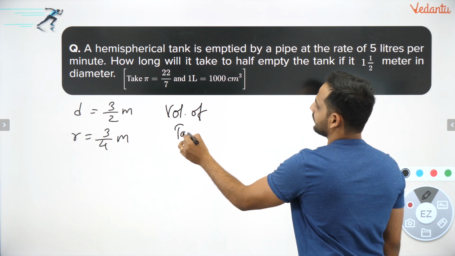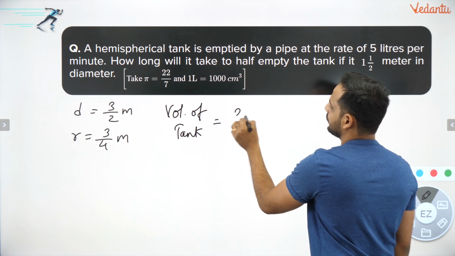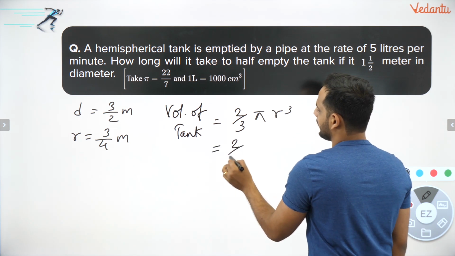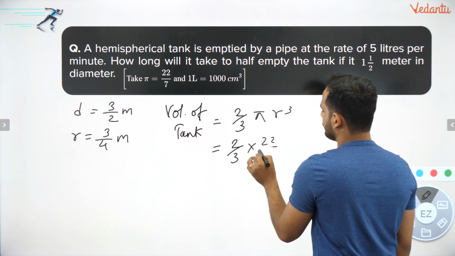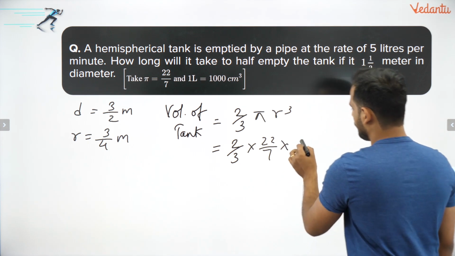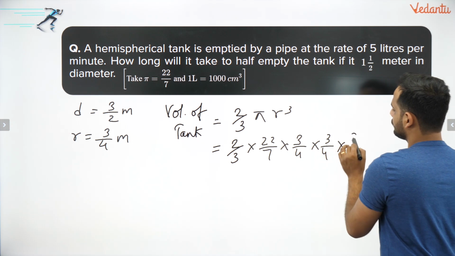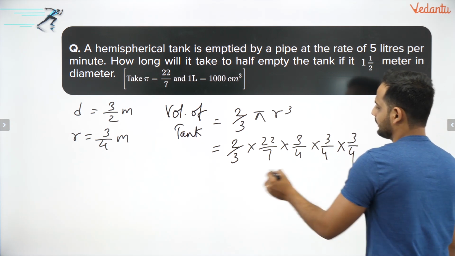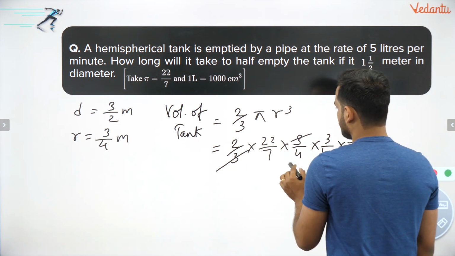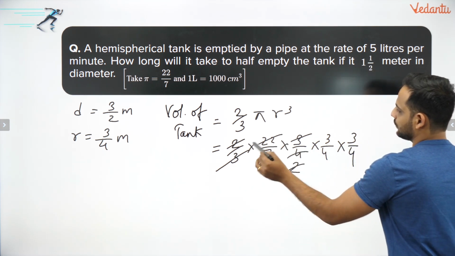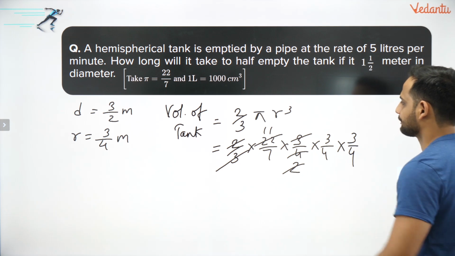So now you can say volume of this full tank will be equal to 2 by 3 pi r cube. So 2 by 3 into 22 by 7 into radius, 3 by 4 into 3 by 4 into 3 by 4. Right? So 3 and 3 got cancelled, 2 ones are 2, 2 twos are 2, 2 and 11 got cancelled.